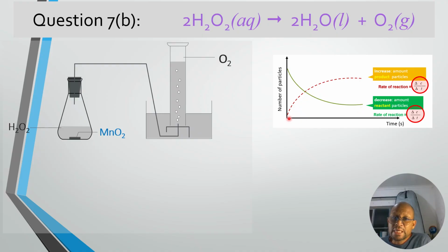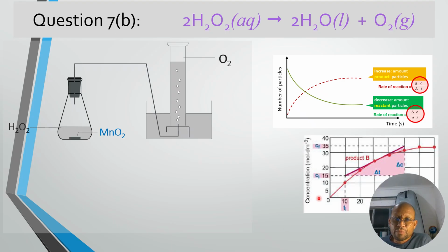And the graph over here that starts from 0 time, that will generally refer to the product. So this could be one of the products, either the water or the gas. In our case, we're going to measure the oxygen. So we will assume that it is the oxygen gas that is being produced in this chemical reaction.